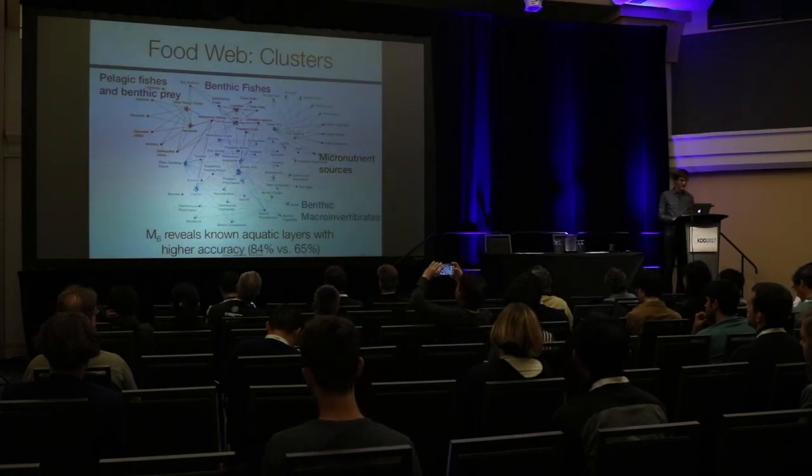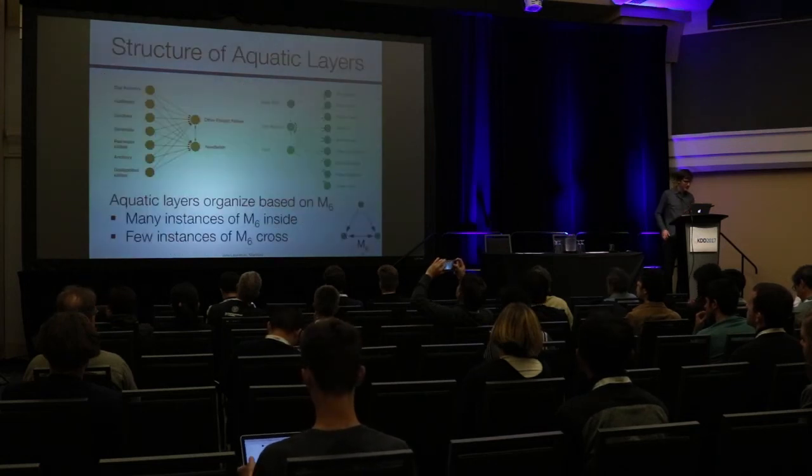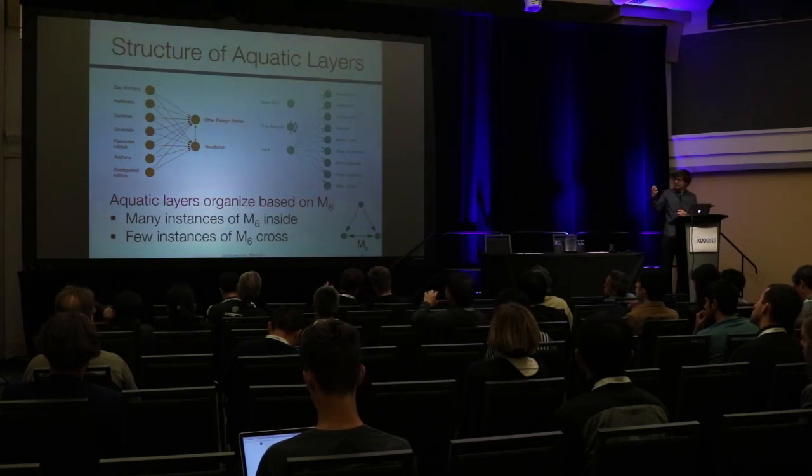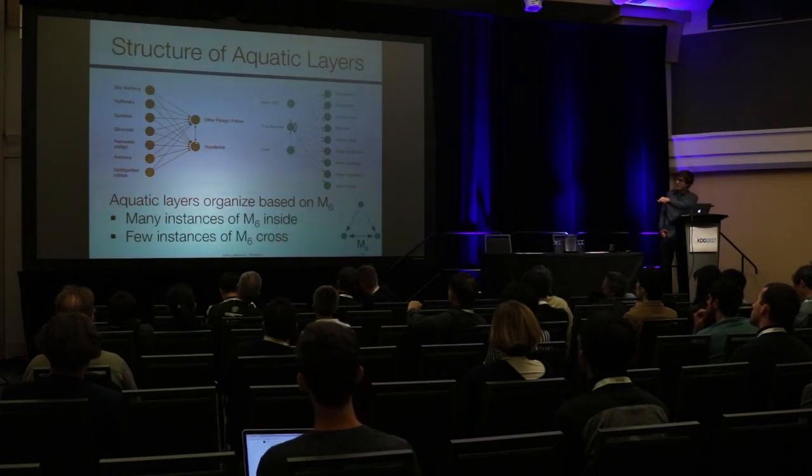What is interesting is that now you can go into these individual clusters and examine their structure. What you see is a beautiful templated structure composed of this motif M6. Here is M6, and if you rotate it counterclockwise 90 degrees, you see it here: the bidirectional edge from the bottom, and then all these unidirectional edges.